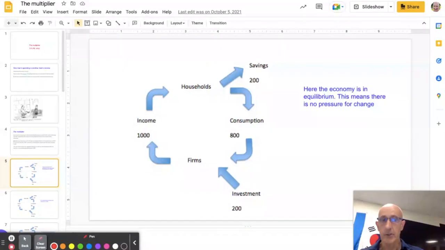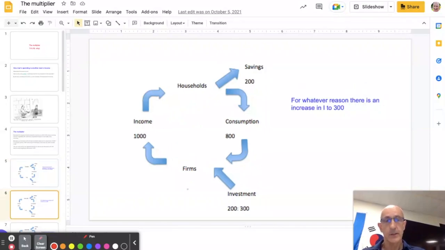We're going to talk about the marginal propensity to save. How much of the household's income do they choose to save? In this case, it's 20% or 0.2. And they spend the rest. The MPC, marginal propensity to consume, is 0.8 or 80% of their income. So this economy is in equilibrium.